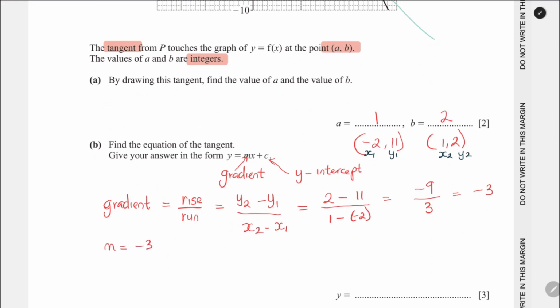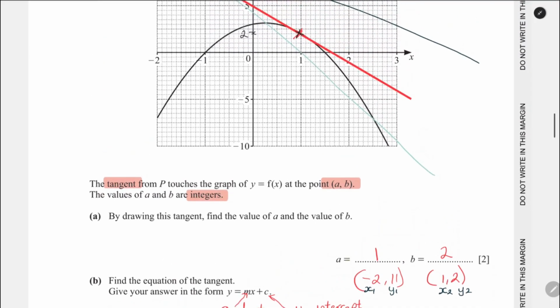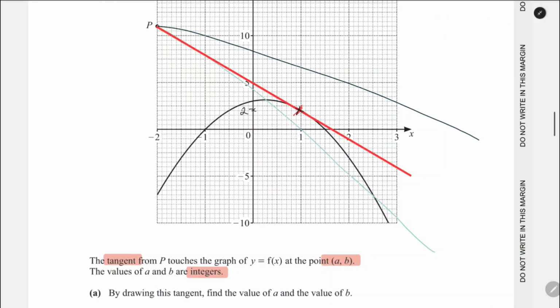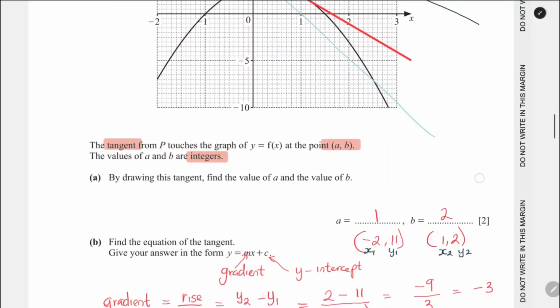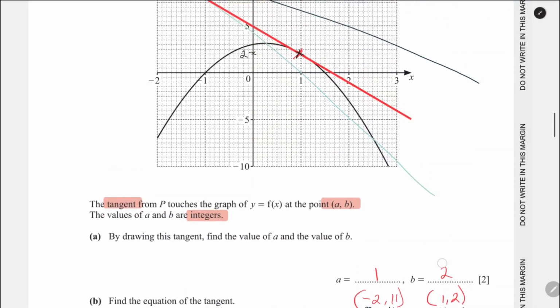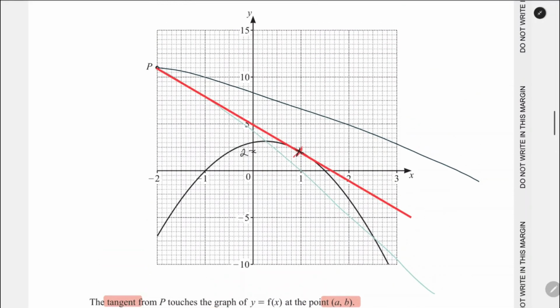Now we need to find our c. If you look at your diagram closely, you will notice that you can actually see c. What is c again? c is your y-intercept, where the line cuts the y-axis. Our line here cuts the y-axis right here. So what is our c?